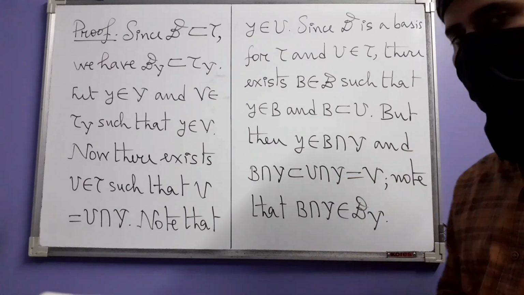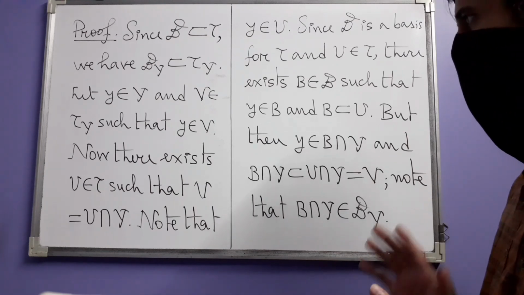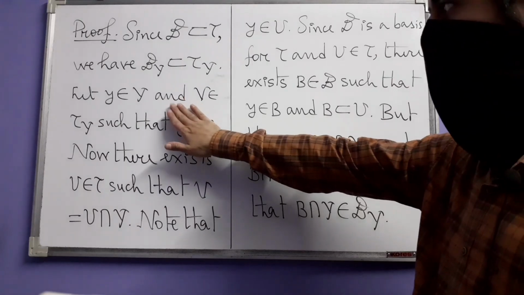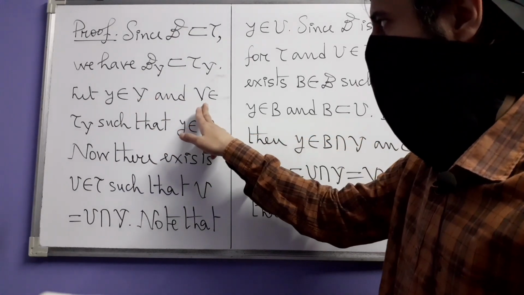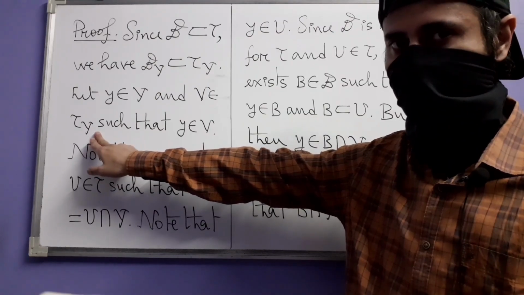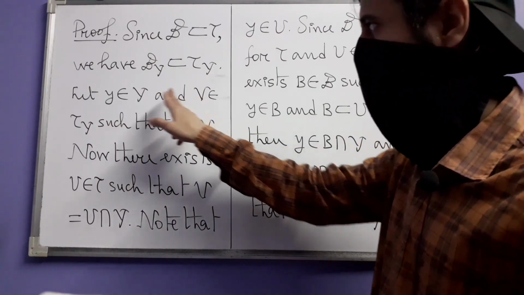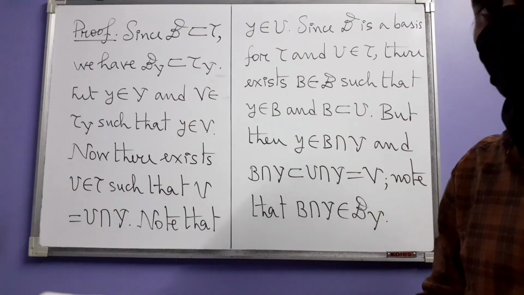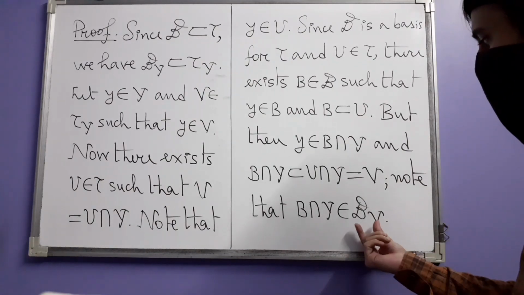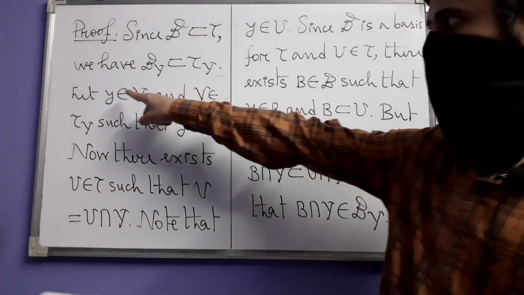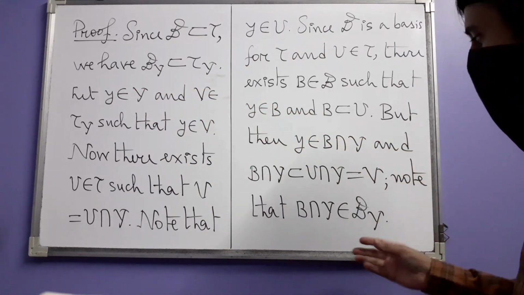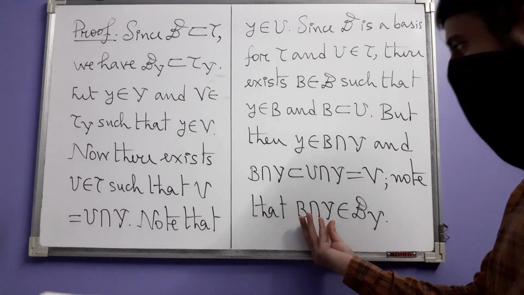So are you not getting what you wanted to get? What is it that you wanted to show? You wanted to show that for this setup, for a set V coming from tau y, an open set in the subspace which contains a given point y, you wanted to find an element in this collection By which would contain that point and which would itself be contained in V, and that element is this B intersection y.